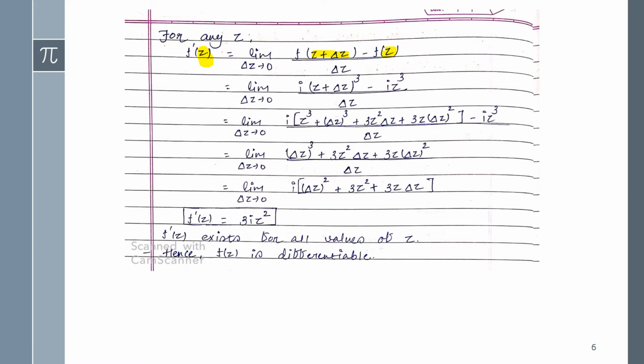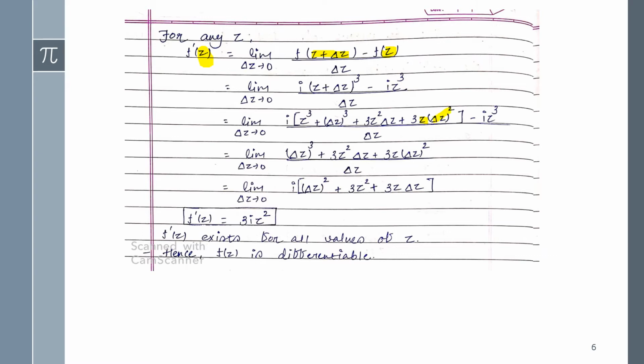So in place of a it's given z, and in place of b it's given delta z. So z cube plus b cube, that is delta z whole cube, plus 3a square, that is z square into b, that is delta z, plus 3a, that is z, and b square, that is delta z whole square.